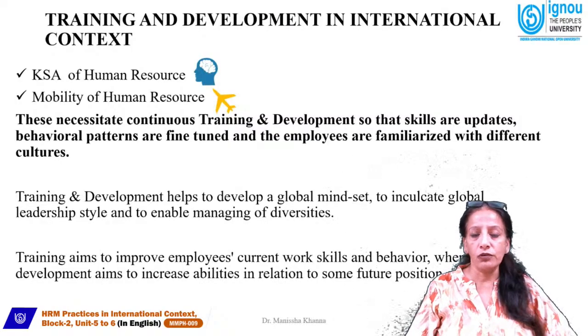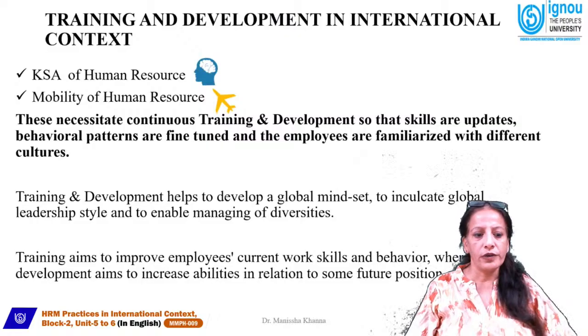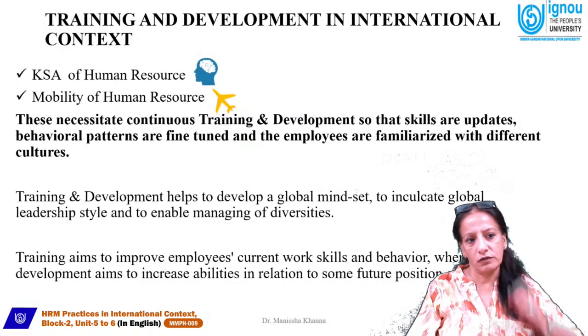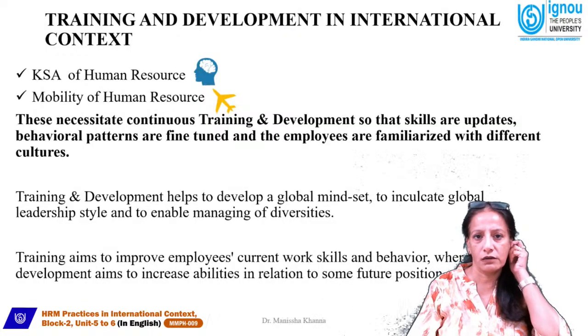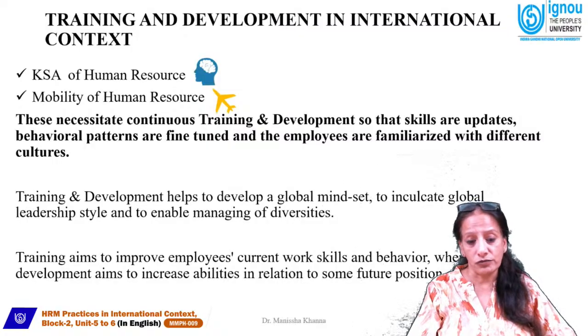Training aims to improve the employees' current work skills and behaviors, whereas development aims at increasing abilities, because we are talking about the key skill areas, or the knowledge, skills, and aptitudes.